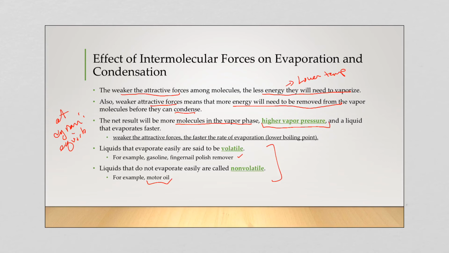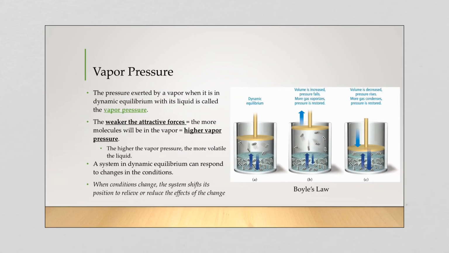So, weak intermolecular forces lead to a higher amount of vapor pressure, which means it's going to be easier to evaporate and therefore easier to boil. Right? Lower boiling point. So let's talk a little bit more about this concept of vapor pressure.